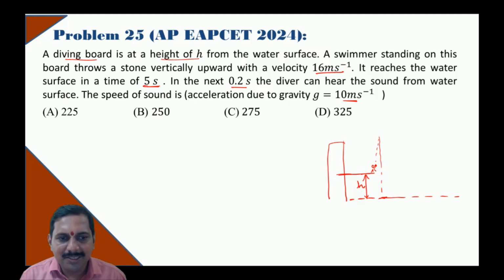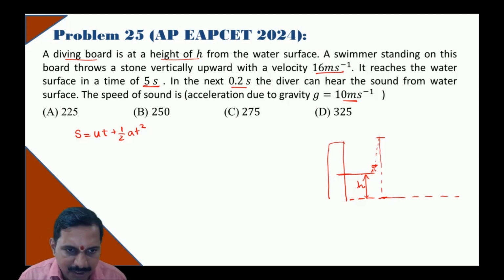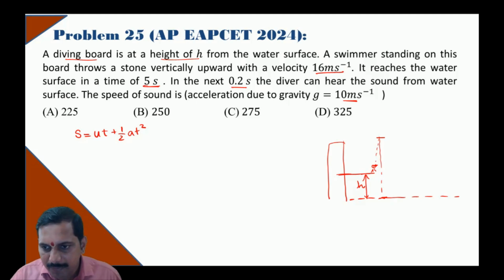Now, whenever distance and time are involved, one of the best things is S equals ut plus half at square. Now you may think, sir, from here to here I should calculate first the height, the distance, the time and all those things, then from here to here. No, not required. This only suffices. So first of all, which direction are you taking as positive?